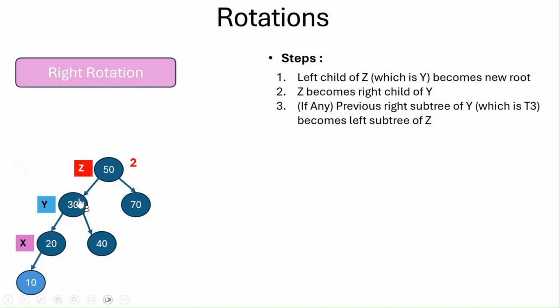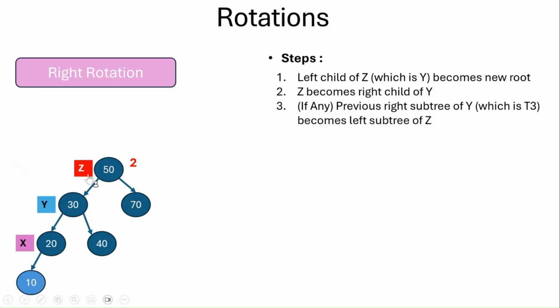Why this? Because the smallest subtree which is impacted is this one, right? Because for 50, the balance factor is 2. For 30, the balance factor is still 2 minus 1, 1, right? So it is not unbalanced. So 50 became unbalanced. So this is the smallest subtree which became unbalanced when we added node 10.